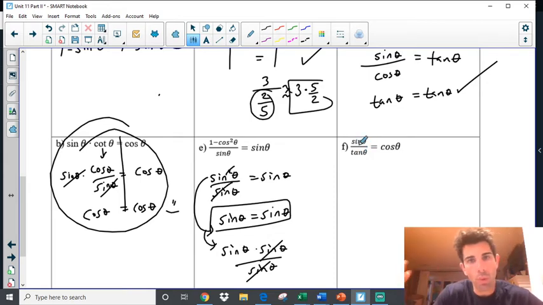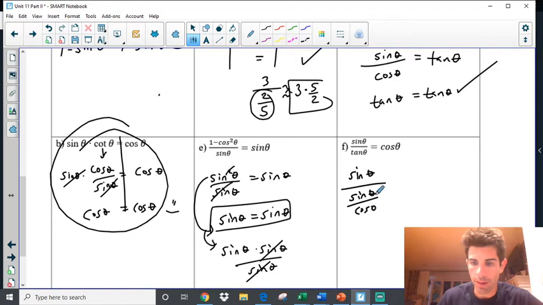Again, use the one that's going to make the most sense in the problem. This one has a sine in it, so I'm not going to use tangent, I'm going to use sine over cosine. So you'll have sine theta over cosine theta. This came from changing this, right?